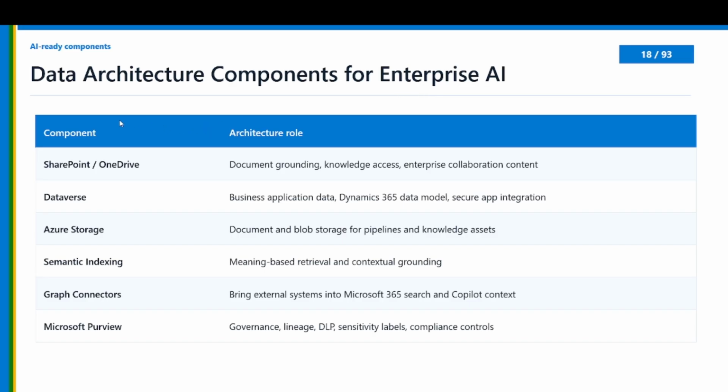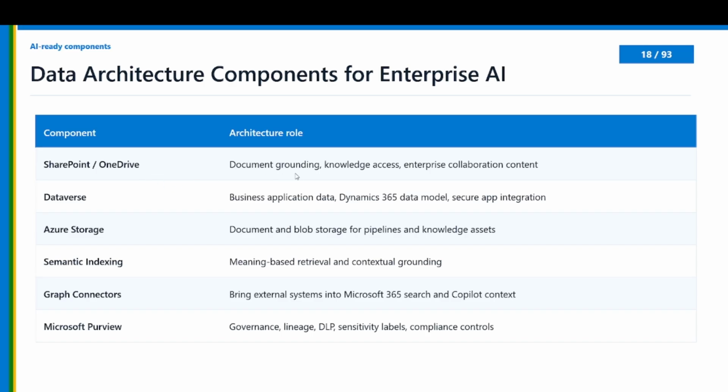So what should the data architecture components of an enterprise AI look like? Look at these components and architecture rules. First, the repository of unstructured data: files, Excel, CSV, documents, PDF, Word documents, everything can be stored in SharePoint and OneDrive.